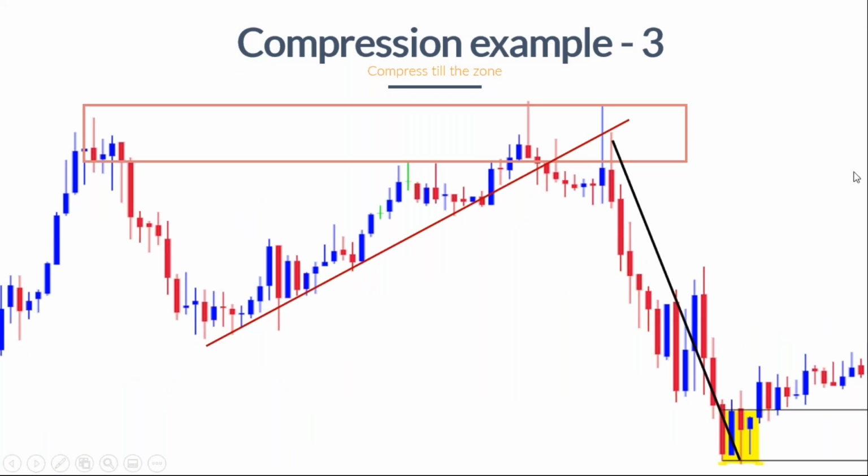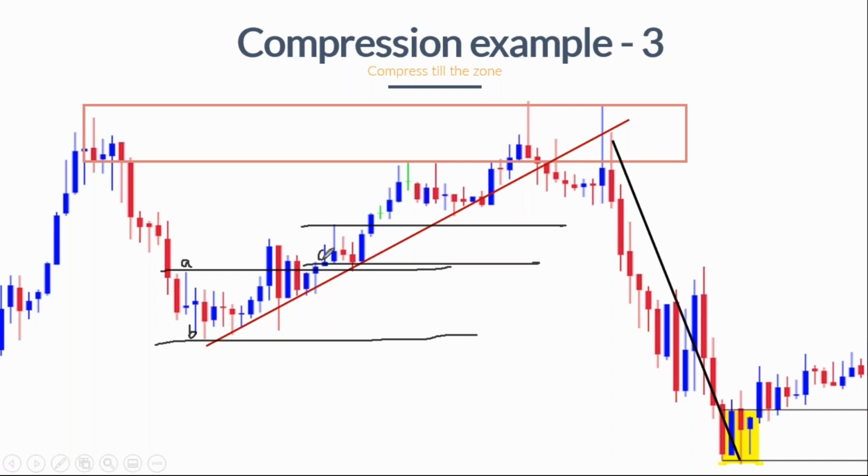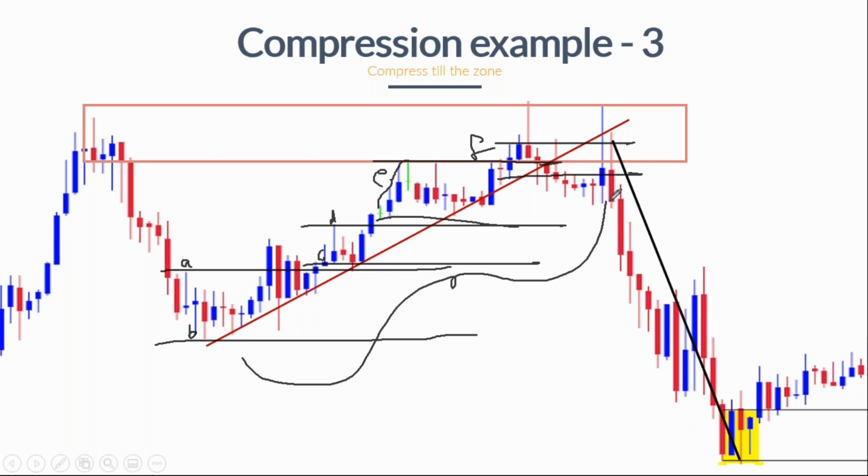Now look at this one. I'll again mark it slowly. See, this whole thing is base. I'll take this top as A, this bottom, I'm just merging those things. I'll take this one again, multiple bases, C and D. And see, these four are bases, no? All these four are bases. So I'll take this bottom and that top. This is E. This is also a base, F. See, this whole movement is a base.